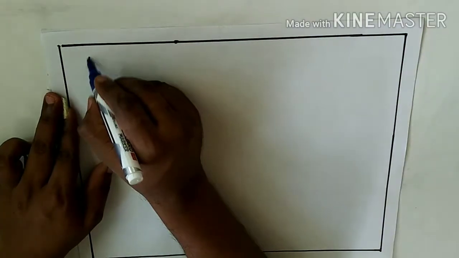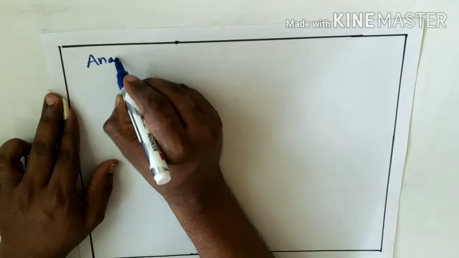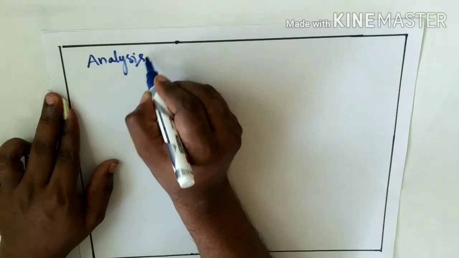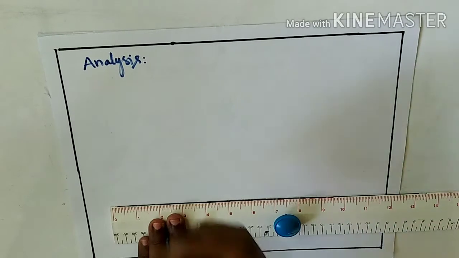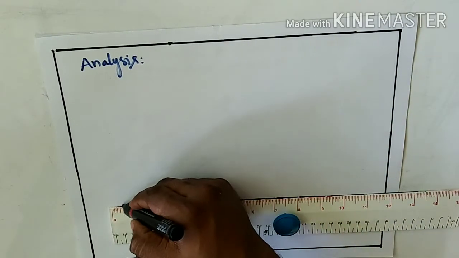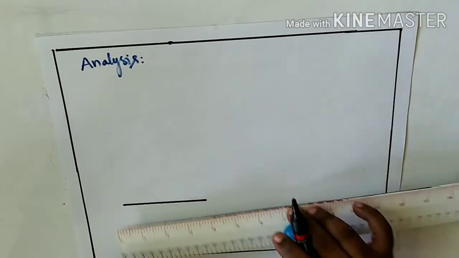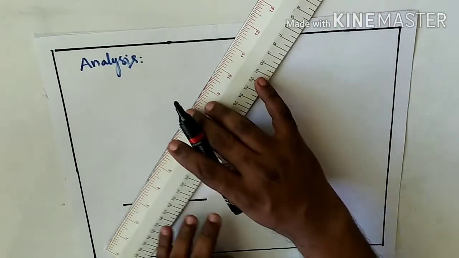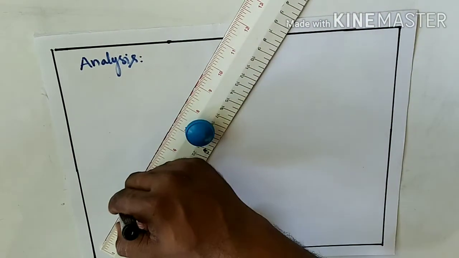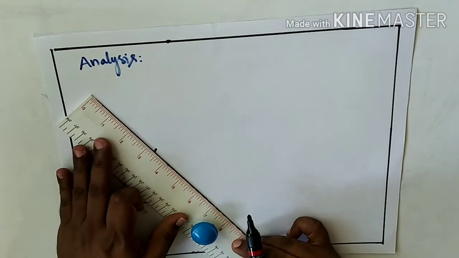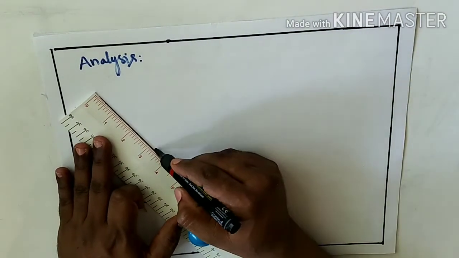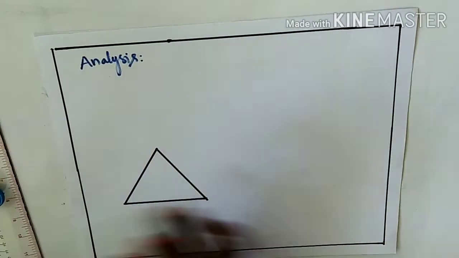Now the analysis part. Why should we construct like this only? I am telling the analysis. Actually the base is given, right? 7 centimeters base is given, and the sum of two sides is given.